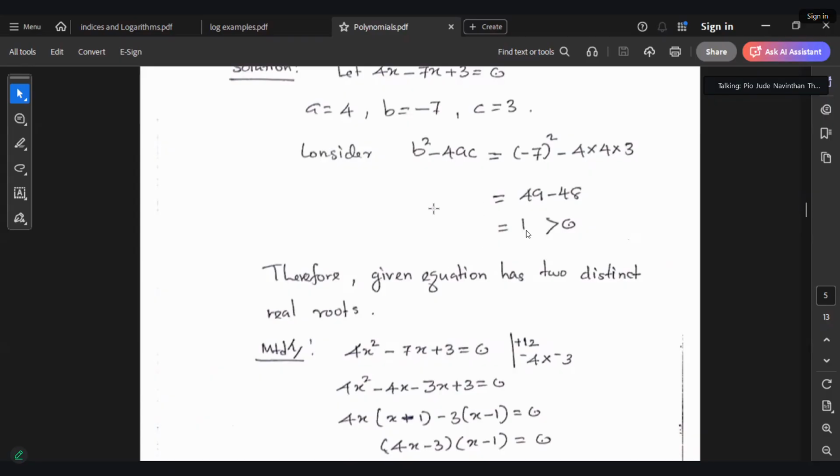If you understand, okay. If it is greater than 0, there are two different roots. Write that. Don't write therefore and all that. These are the decoration words. If the person is okay in mathematics, immediately he can write two different roots. The person got the idea. We are checking the idea.